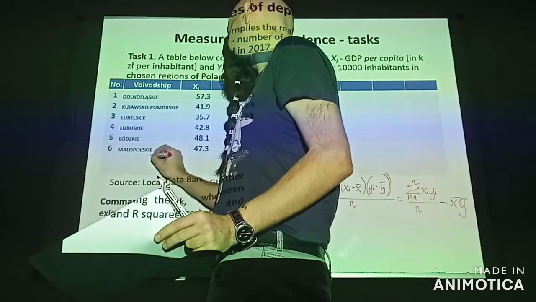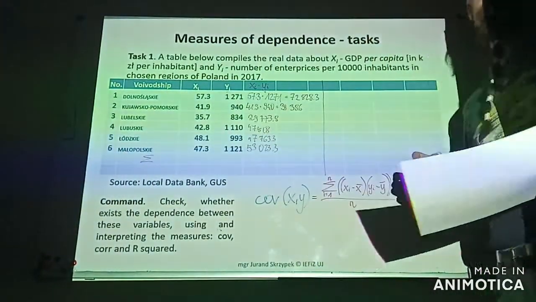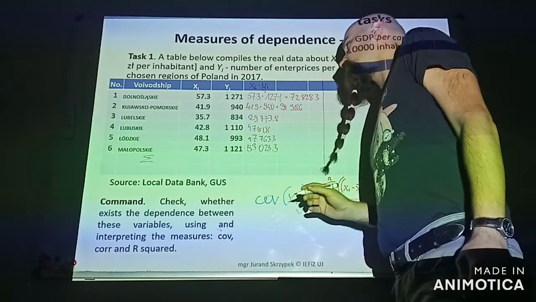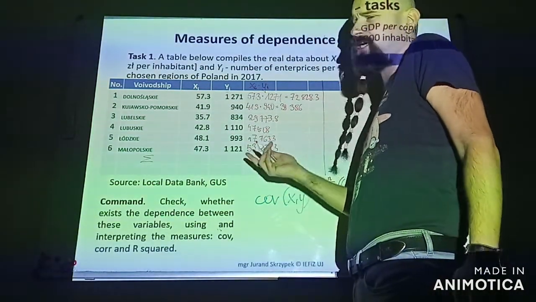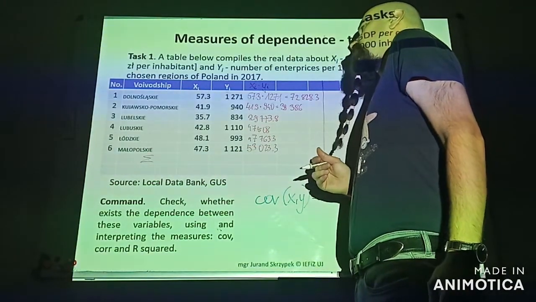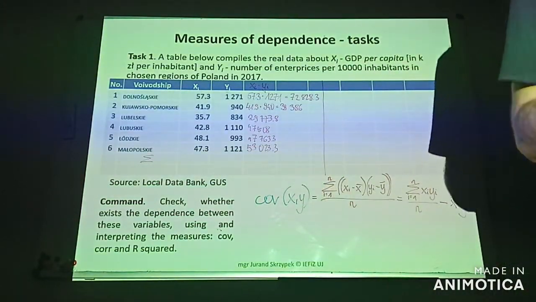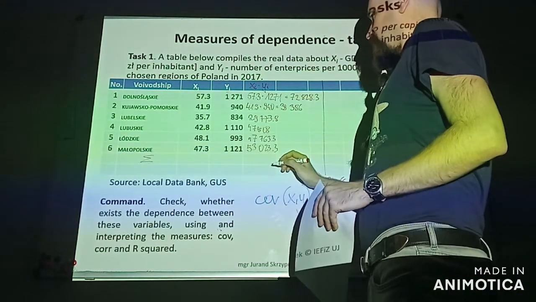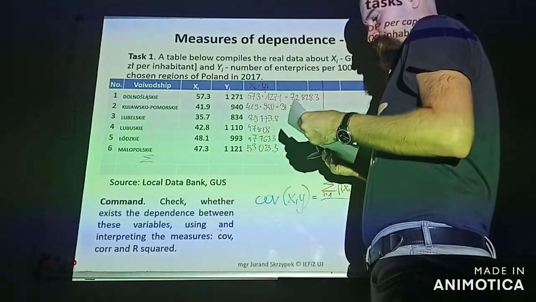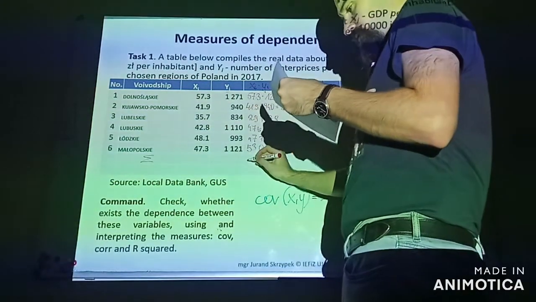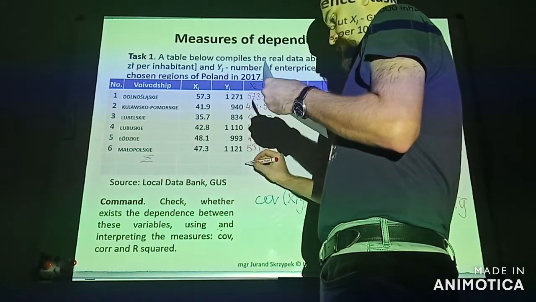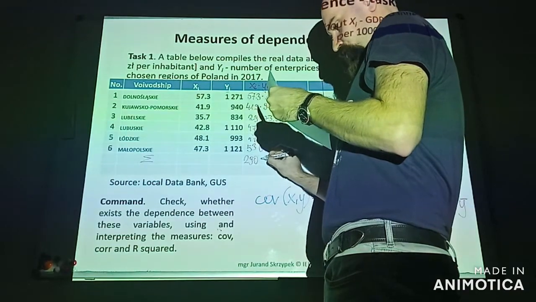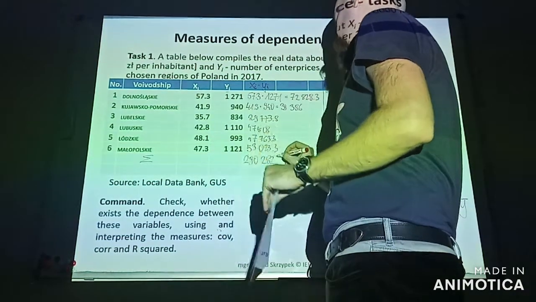And the next step is to sum the column of the products and also the column of x and the column of y. The sum of the values from that column is 290,282.7.